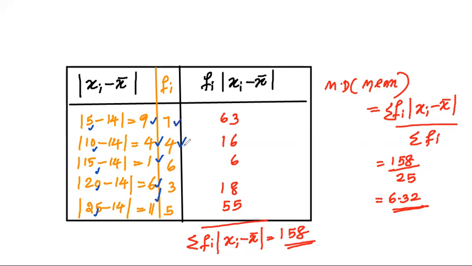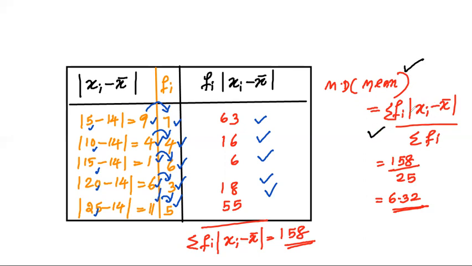I have already written the given frequencies here. The next table must be fi into mod xi minus x bar. So this 9 and 7 should be multiplied; 4 and 4, 1 and 6, 6 and 3, 11 and 5. After multiplying, write the values of fi into mod xi minus x bar here. We need to find the mean deviation about the mean of grouped data, right?